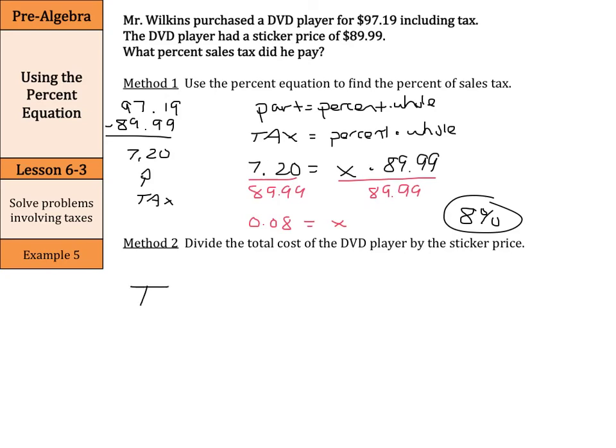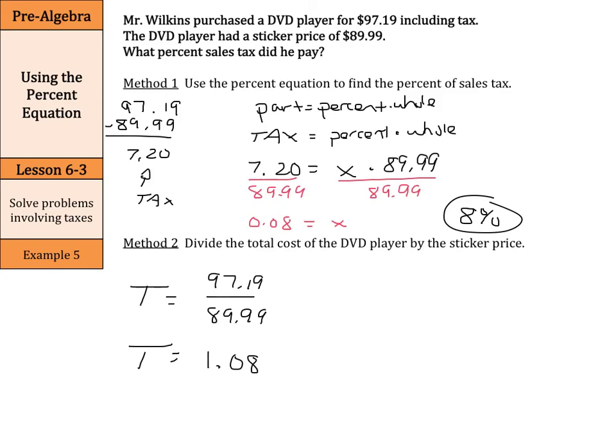Now method 2 involves dividing the total cost of the DVD player by the sticker price. So we're going to say T equals the total cost of the DVD player, $97.19, divided by $89.99, and that is 1.08, and it continues on, but 1 8/100.